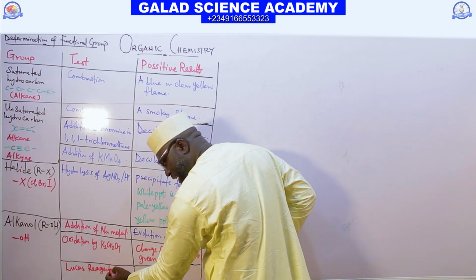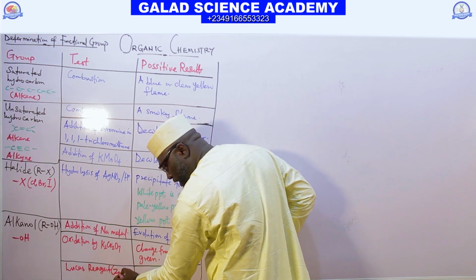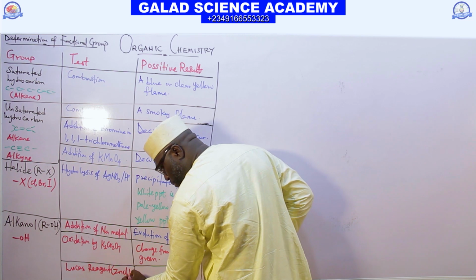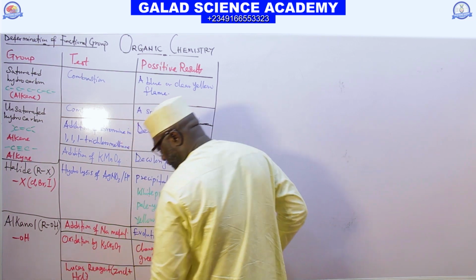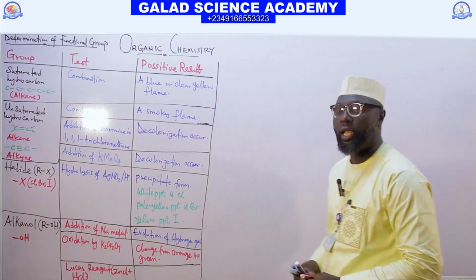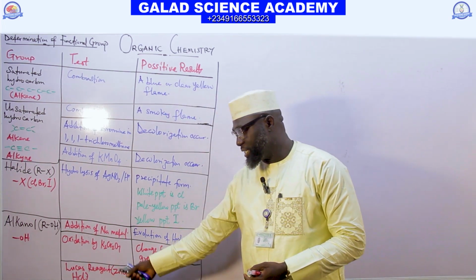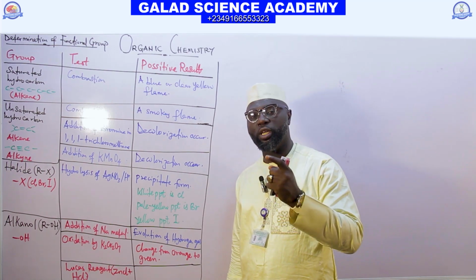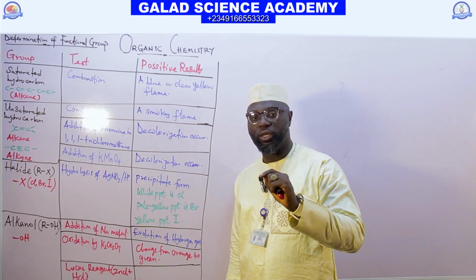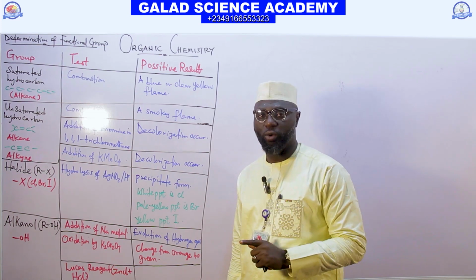Lucas reagent is a reagent that is made up of zinc chloride plus HCl. And this Lucas reagent is what we use to differentiate between primary, secondary, and tertiary alkanol.